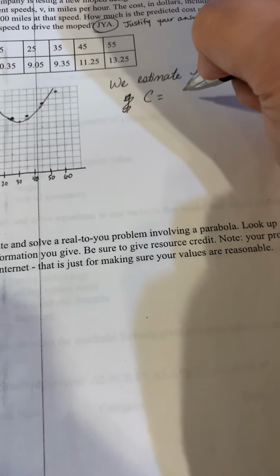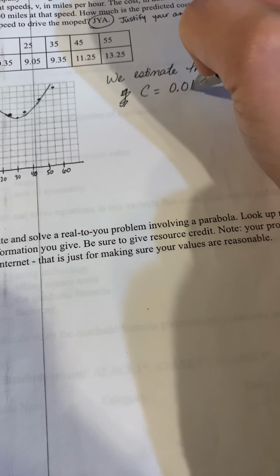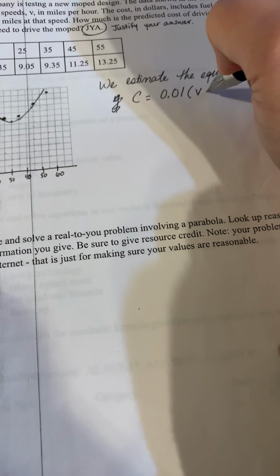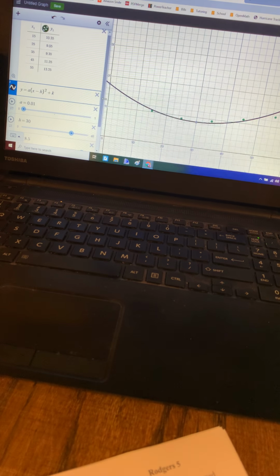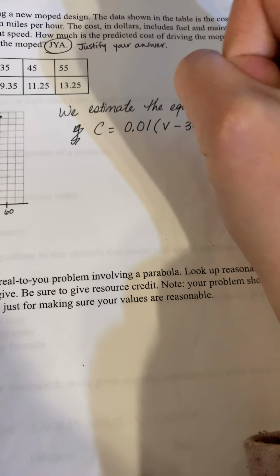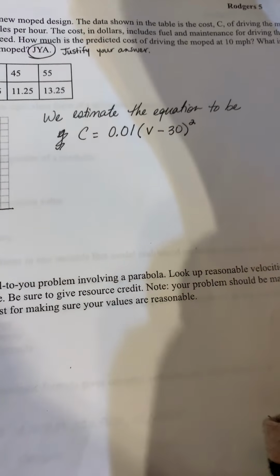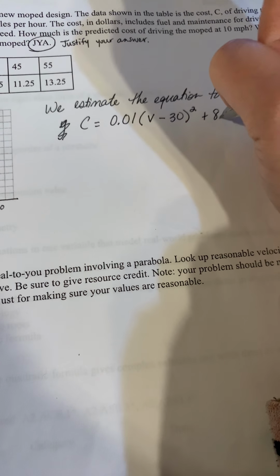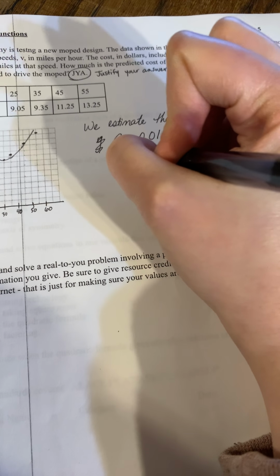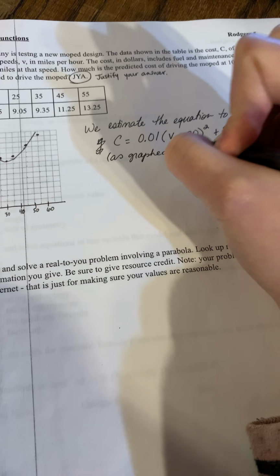All right, and then it's A, so 0.01, and then X, so x minus H. Well, I'm just getting these off of here, right over here. H is 30 and K is 8.5. So minus 30 squared, don't forget that squared, plus 8.5. Okay. All right. As graphed to the left.